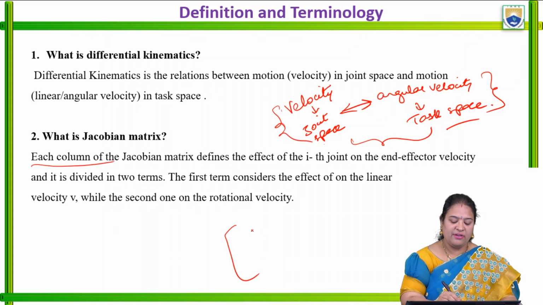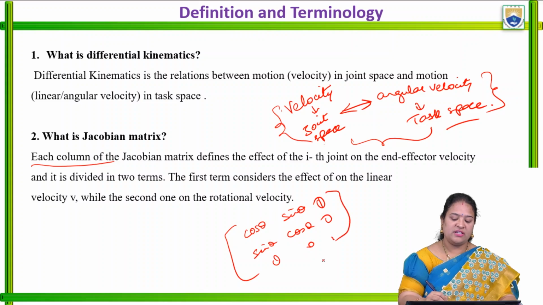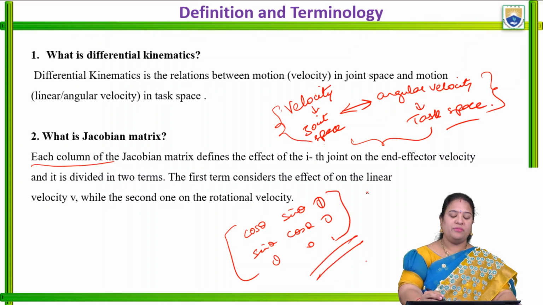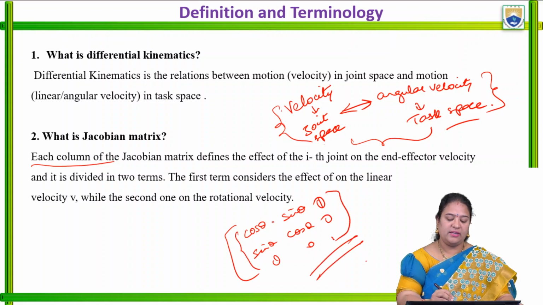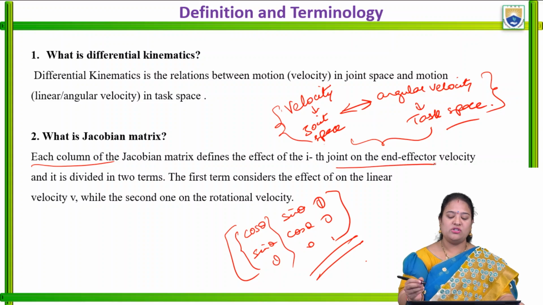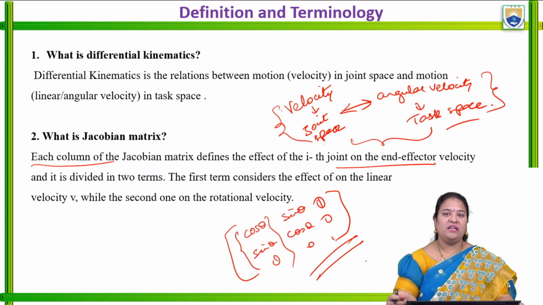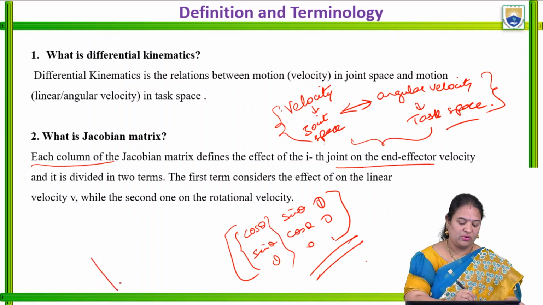For example, when we write cos theta or sin theta, and 1 or 0, and sin theta, cos theta, 0, 0, 0, 1, in a matrix of this form, each column of the Jacobian matrix defines the effect of the joints on the end effector.